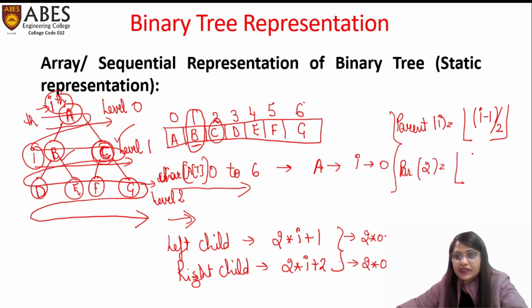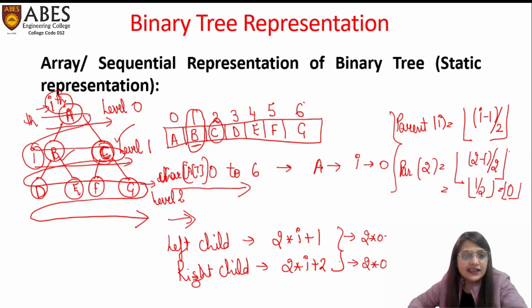So it will be (2 minus 1) divided by 2, which is 1 by 2. It will give you 0 point something, but we have to consider only the floor value, which is 0. It means the parent of C is available at index 0, which is A. We can verify from here that the parent of C, which is A, is present at index 0. So this was the array or sequential representation of a binary tree.